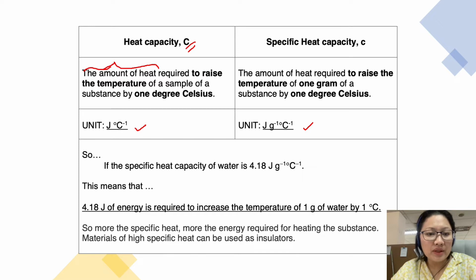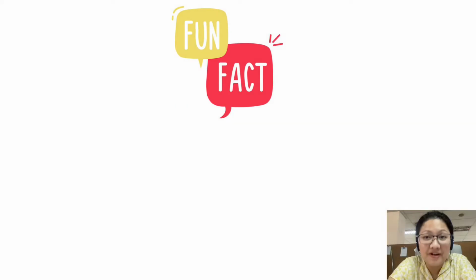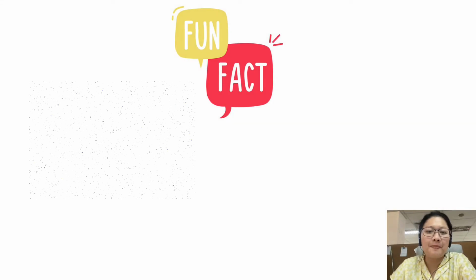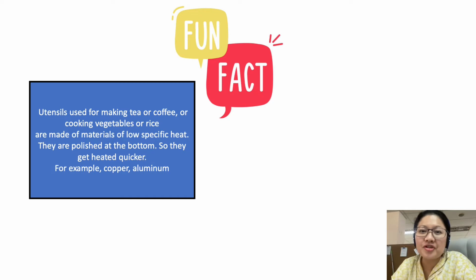So the more the specific heat, the more energy is required for heating the substance. So material of high specific heat can be used as an insulator. I will show you another example for this. Fun fact about heat capacity: in our daily life, we always use the pot and the kettle and what else? The pan, the kuali, right? All these things are made from materials with a low heat capacity.